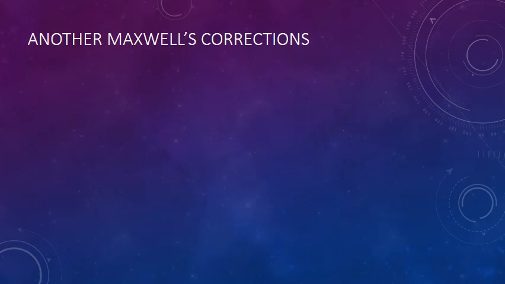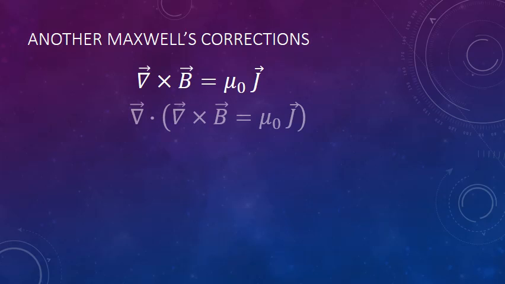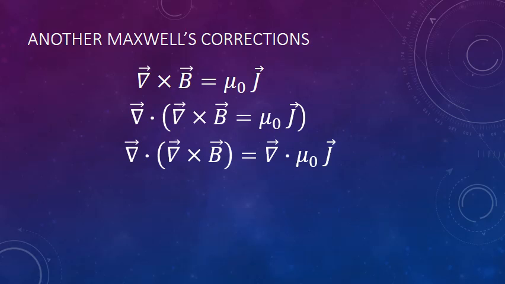All right, so there is another correction. Maxwell also found another problem with Ampere's law. Now here's what he said about Ampere's law. What he did is take the divergence of that whole equation, so you get the divergence of the right and left-hand sides here. And the big question is, does this have to equal 0?